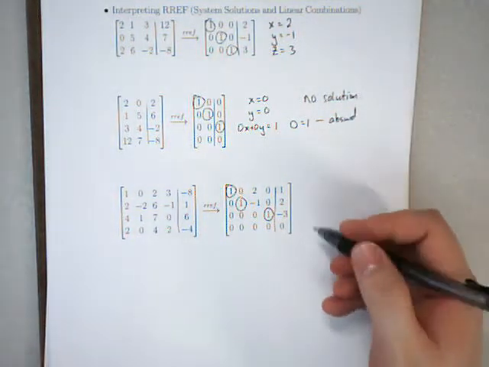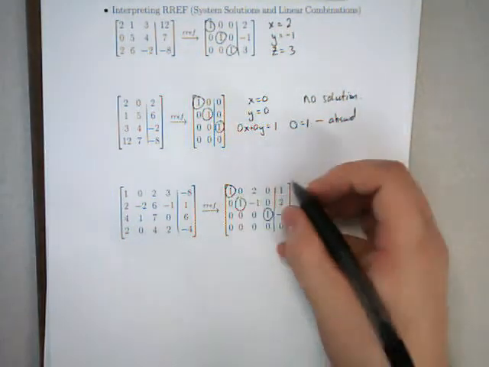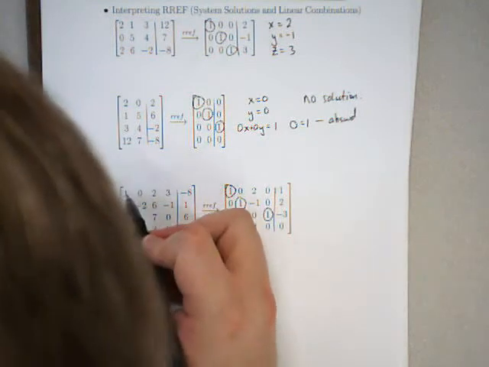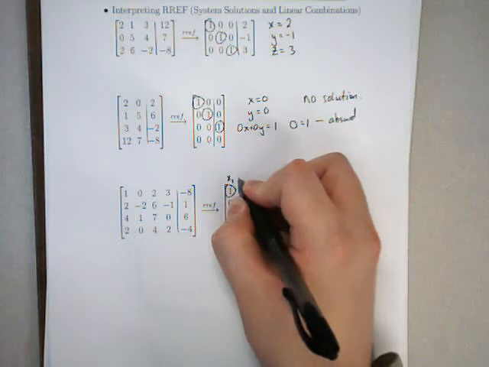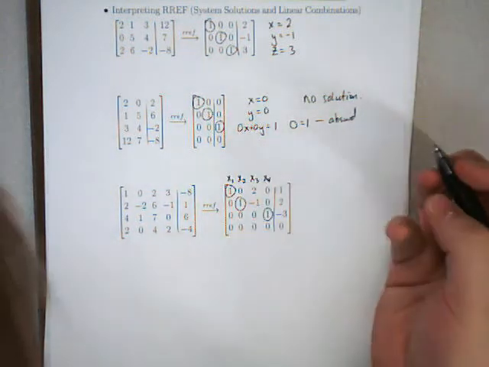And down now on the last one, I'm going to rewrite this. We have 4 variables here, so you've got 4 unknowns. We need to give the unknowns names. I'll call them x1, x2, x3, x4.